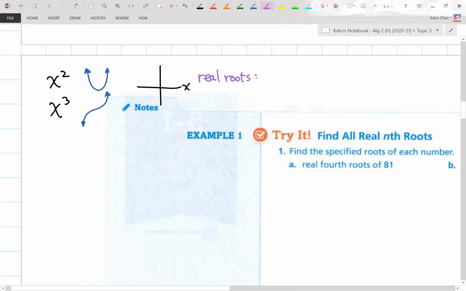Roots are also known as x-intercepts, also known as solutions, also known as zeros. They all mean the same thing, where it crosses the x-axis. Okay?